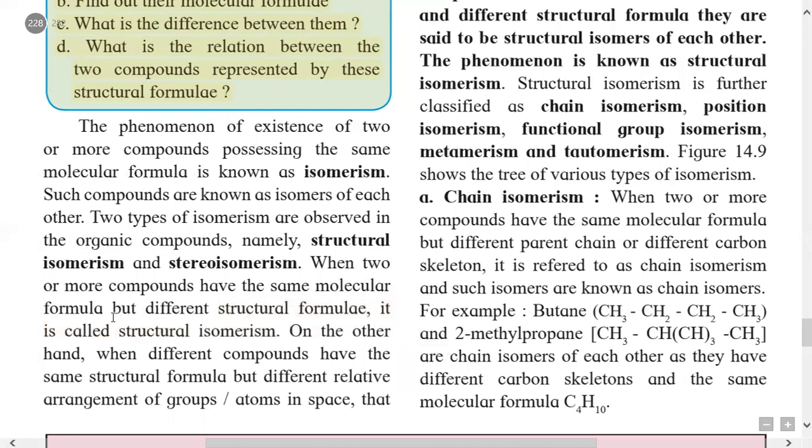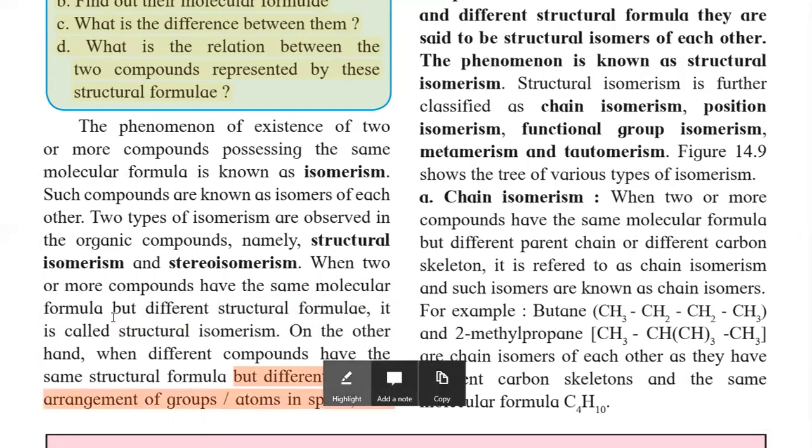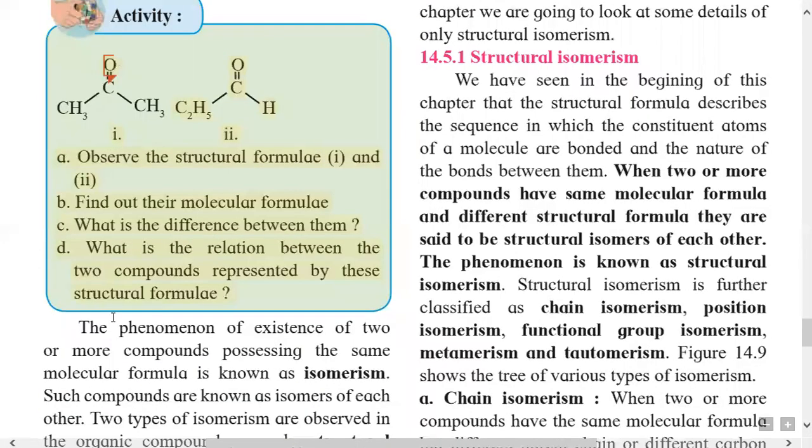On the other hand, when different compounds have the same structural formula but a different relative arrangement of groups or atoms in space, then that is called stereoisomerism.